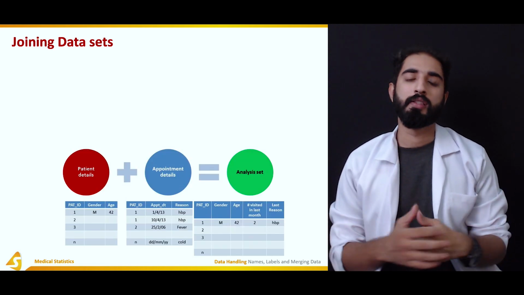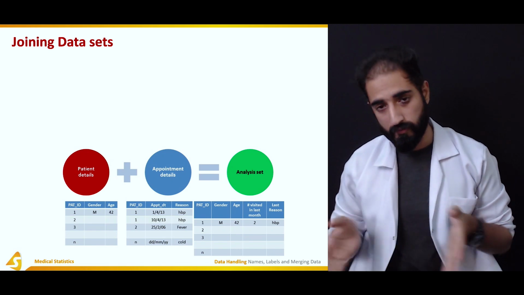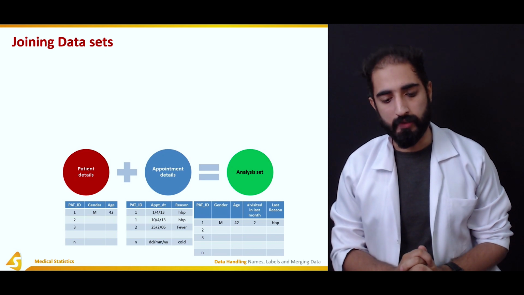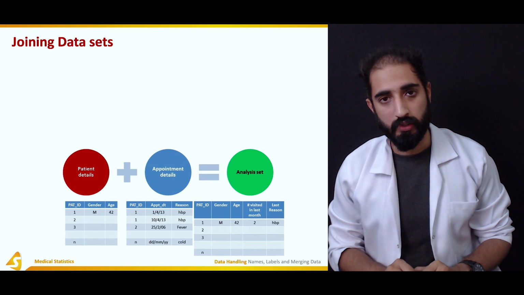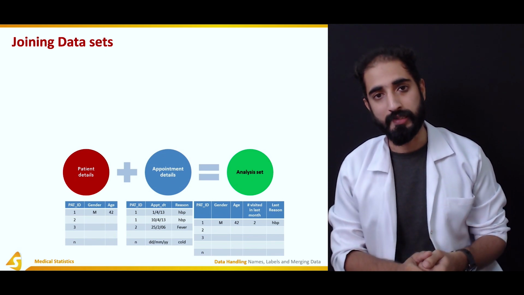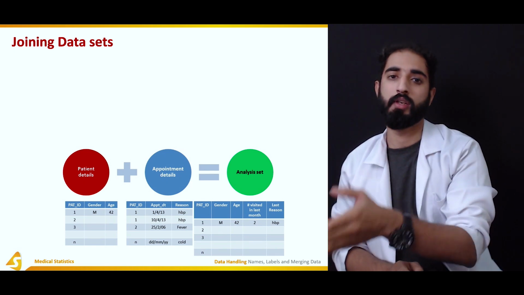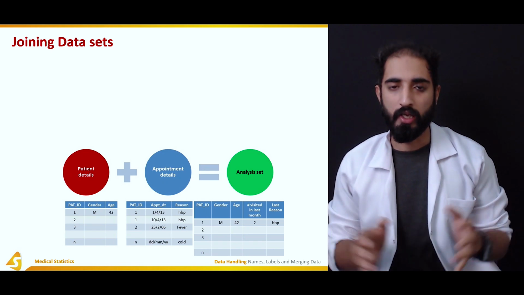Now, joining data sets. In numerous cases, for example, there are 5 persons in a research who are doing data entry, and they have collected a lot of data, and now it becomes necessary to compile all of the data collected by different individuals or different researchers into one file.